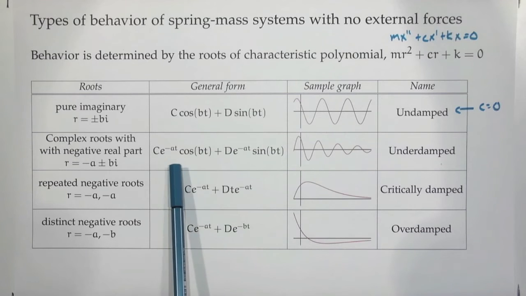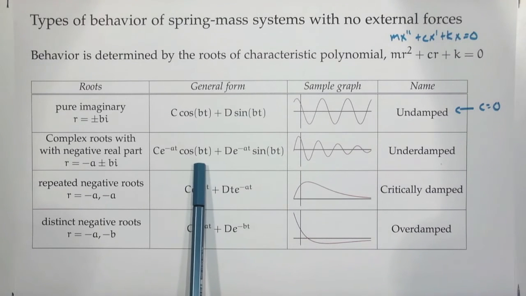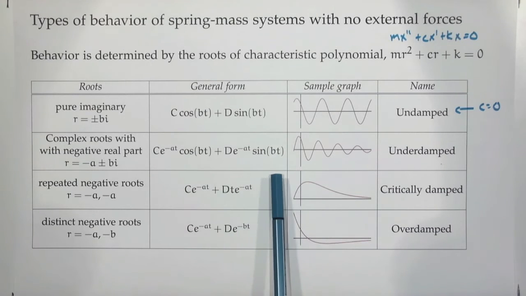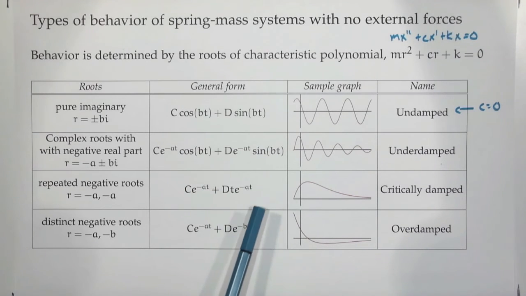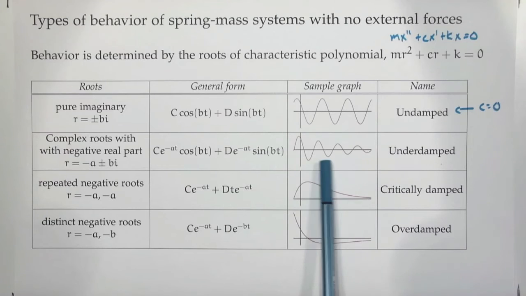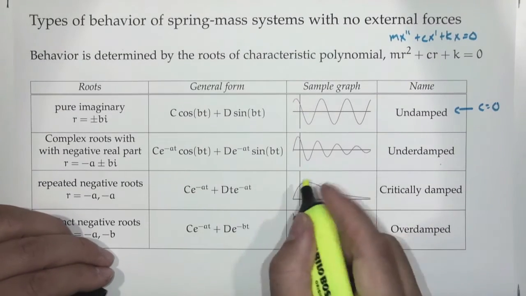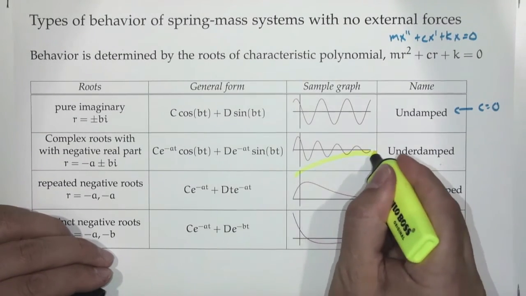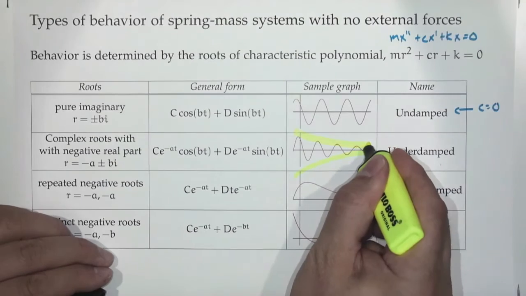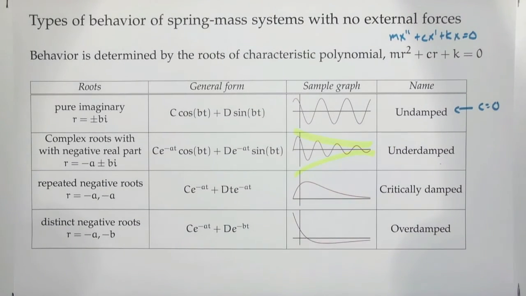So our solutions, when we translate that, are e to the minus at cosine bt, e to the minus at sine bt. And so we have something that oscillates, but also is going down. In other words, you can see that there's this sort of exponential boundary coming in. It's going back and forth between two things, but they're going together. And we call that underdamped.